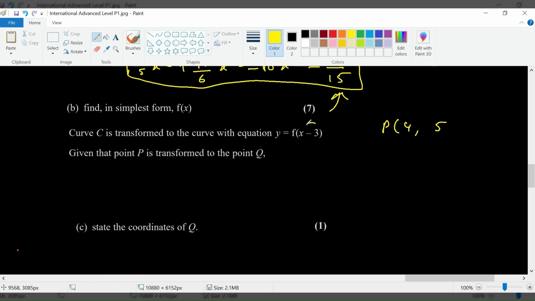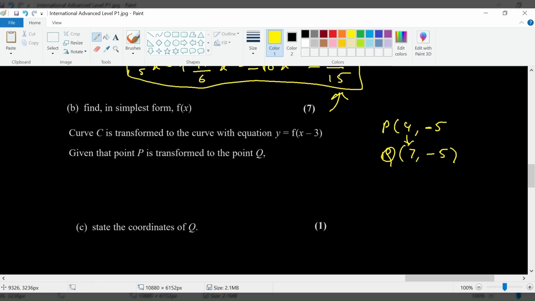If it is negative 3, we have to add positive 3 to the 4. That means this is going to give us a 7. Y will not change. This is going to be the new point, which is the Q point, because the curve is transformed to the curve with the equation x minus 3. That means only the x value has to be added to 3.